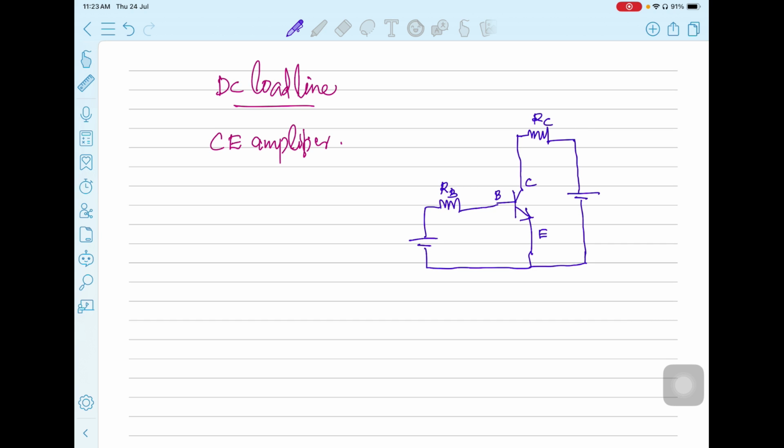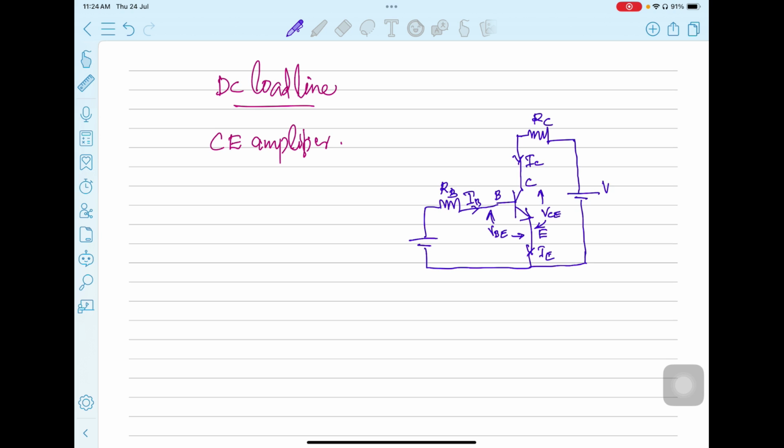And of course, you know the voltage between base and emitter is VBE, and the voltage between collector and emitter is VCE. And the current which passes through the base is IB, through the collector is IC, and through the emitter is IE.